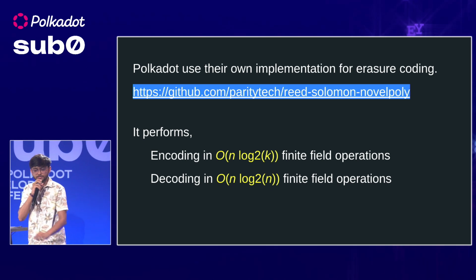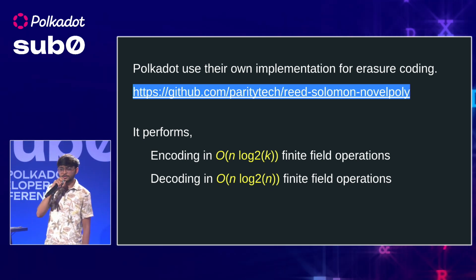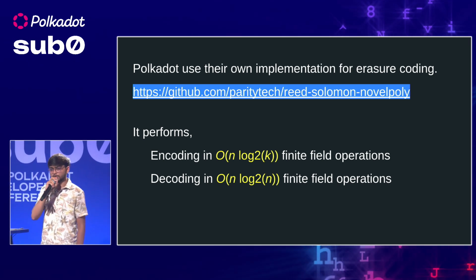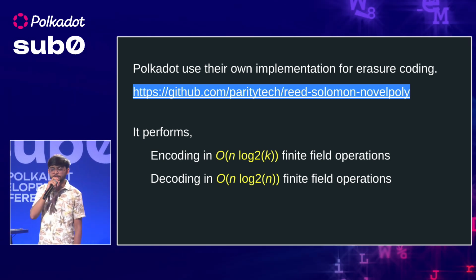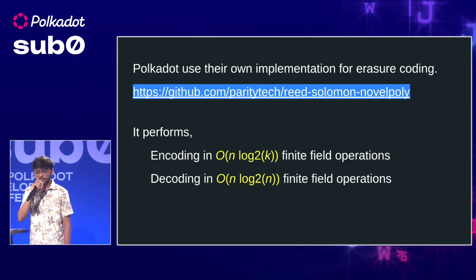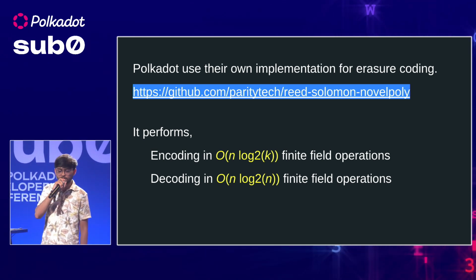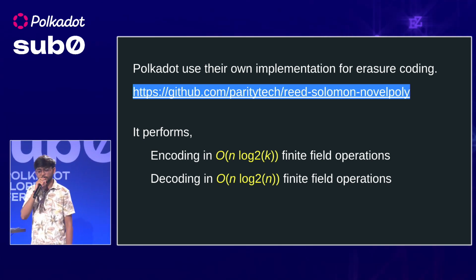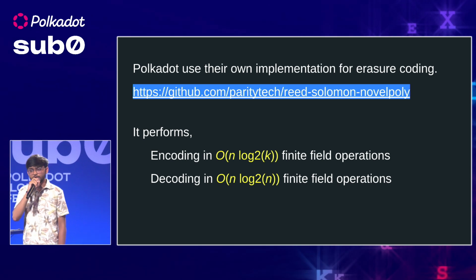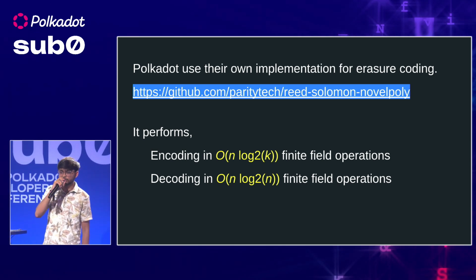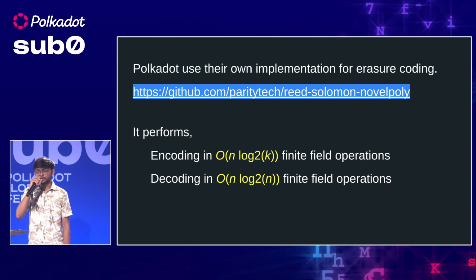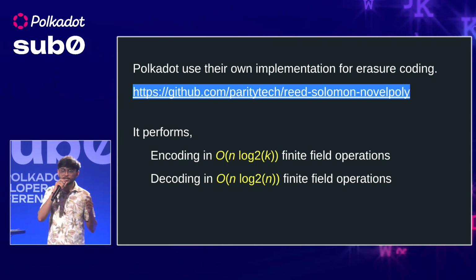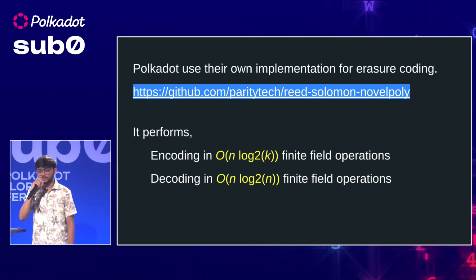In the end, Polkadot uses its own implementation for erasure coding, which is a novel polynomial basis, and it performs encoding in order of n log k and decoding in n log n finite field operations, where n is the total number of chunks we create using erasure coding, and k is the number of chunks required to regenerate the original data.